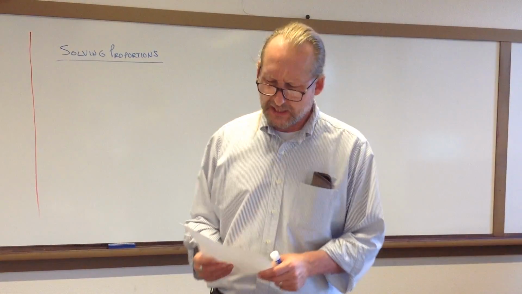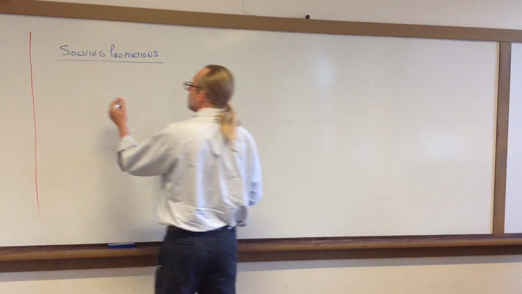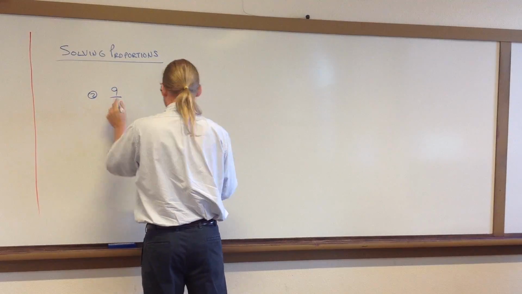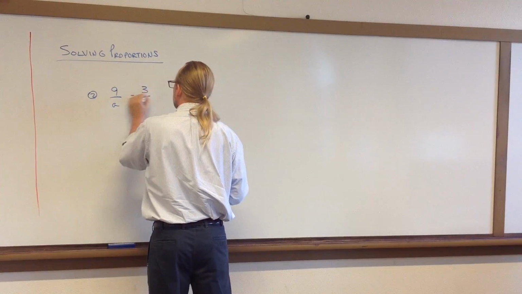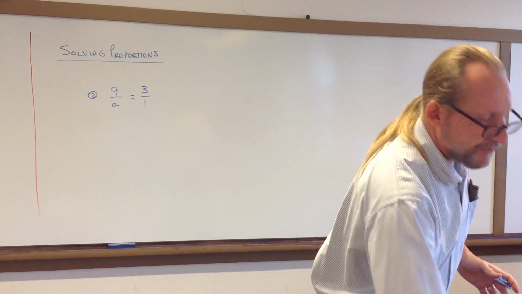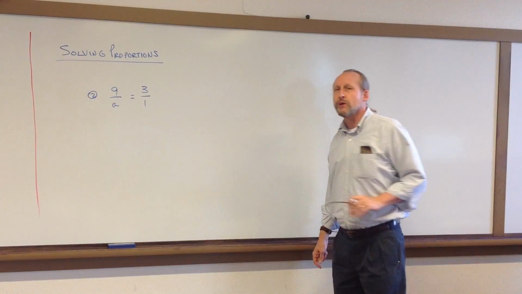Here's the assignment. The first even problem, number 2, says 9 over a is equal to 3 over y. As is true in really all topics in mathematics, there are a couple of different ways to approach the solution.